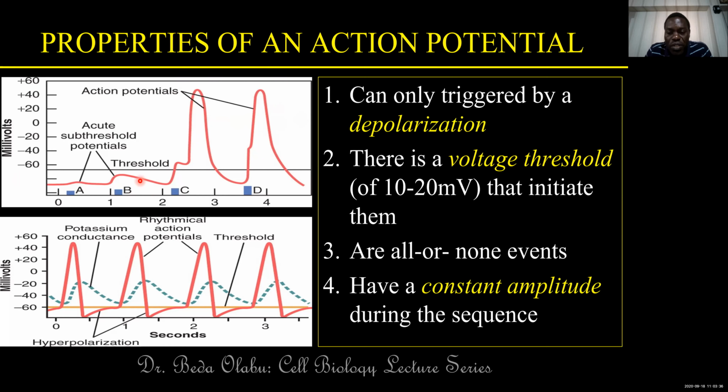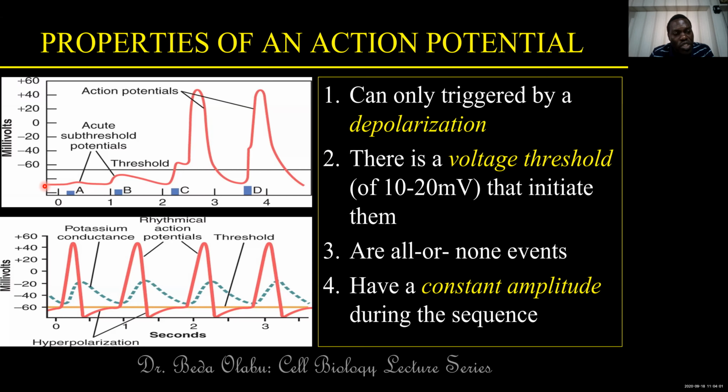Action potentials also have a constant amplitude. Now, this is the amplitude of an action potential. That amplitude is usually about 100 millivolts. Action potentials have a constant amplitude of about 100 millivolts, which means what?